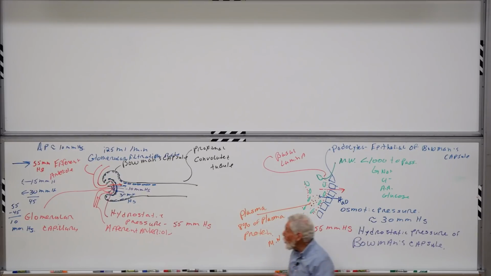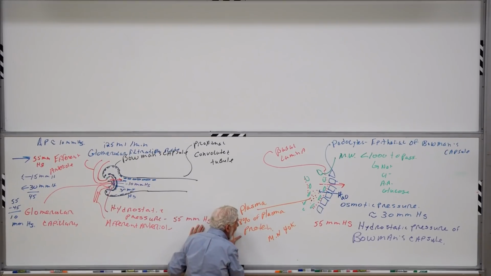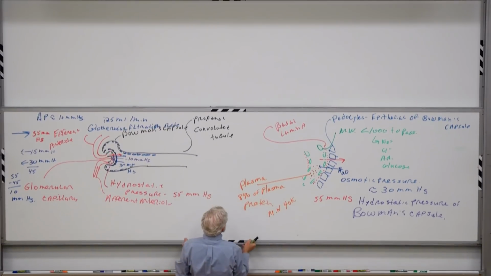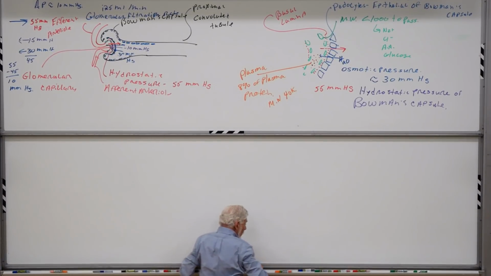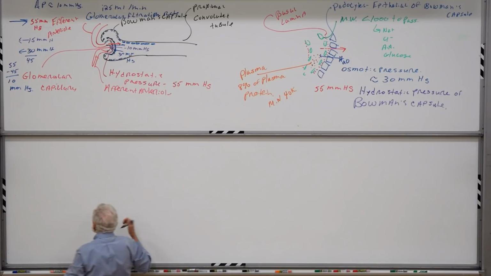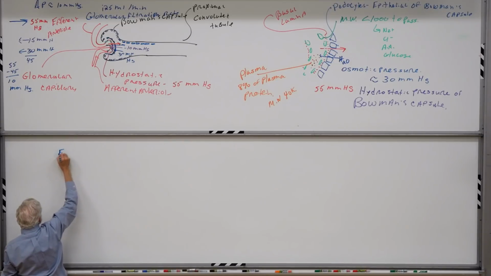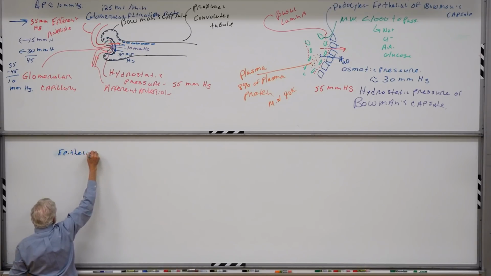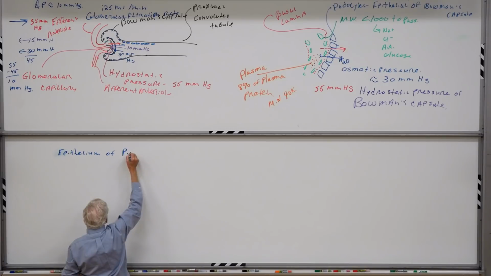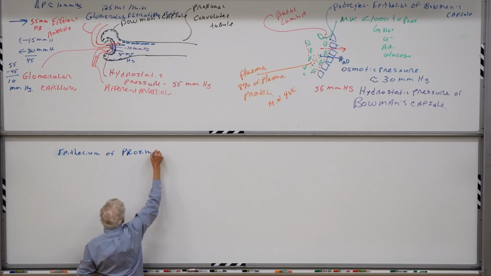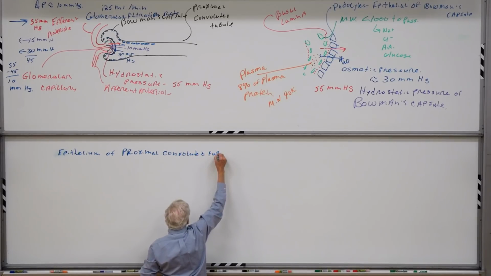So now we've moved fluid from this compartment into this compartment. Now what I want to do in the upper panel is lay out the epithelial cells. This is the epithelium of the proximal convoluted tubule.